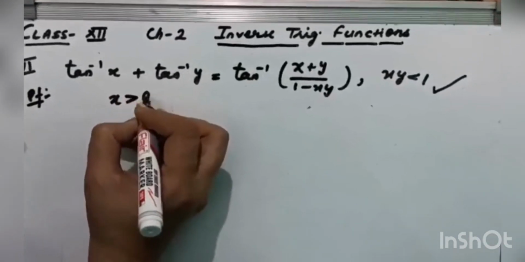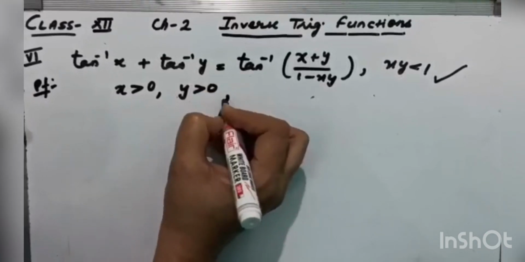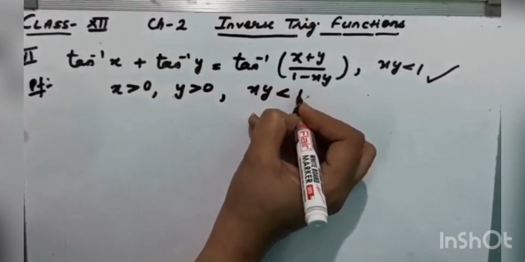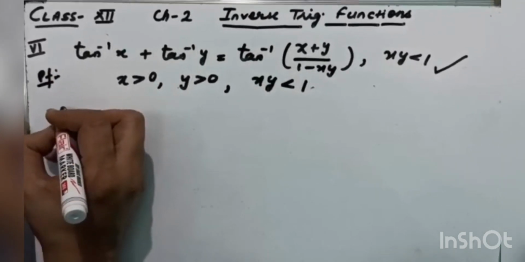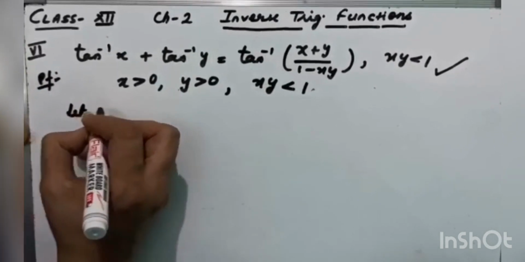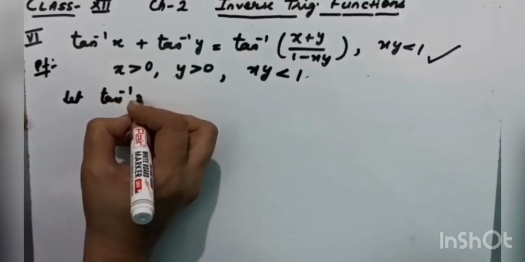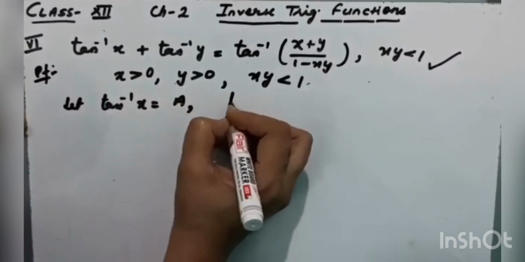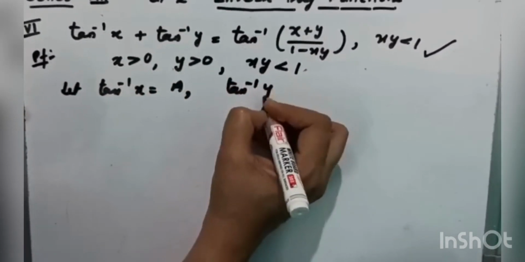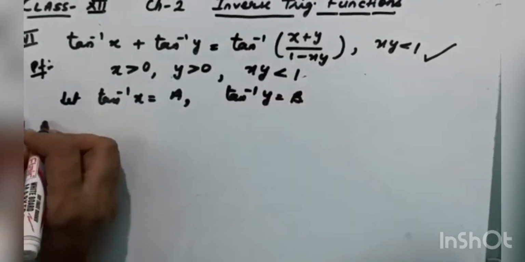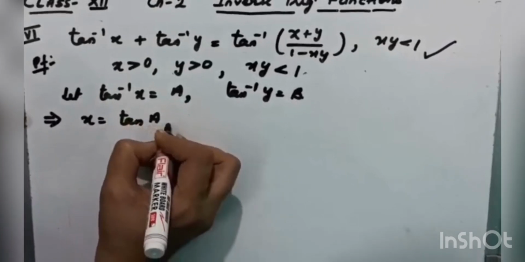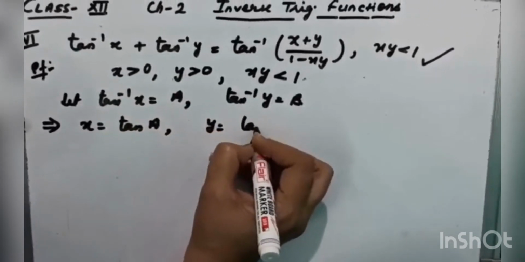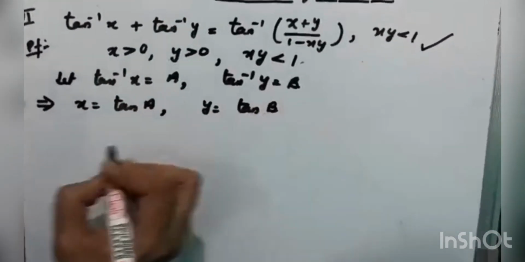Suppose we want to prove this result when x is positive, y is positive and xy is less than 1. So we start from the assumption: let tan inverse x is equal to a and tan inverse y is equal to b. This implies x is equal to tan a, y is equal to tan b.